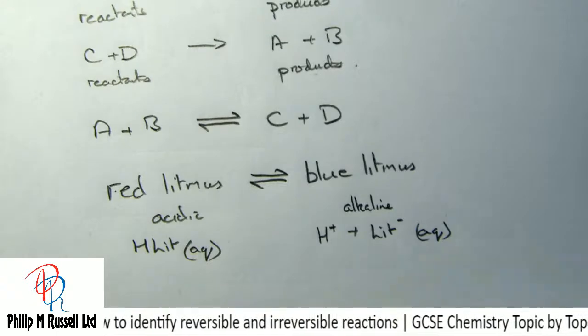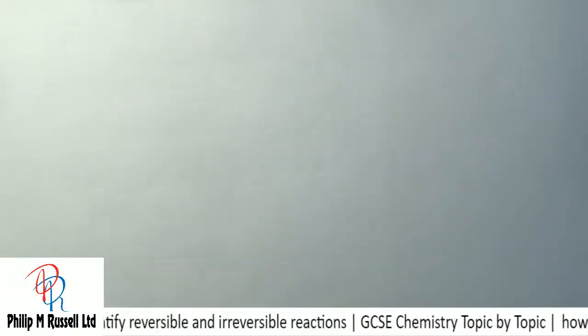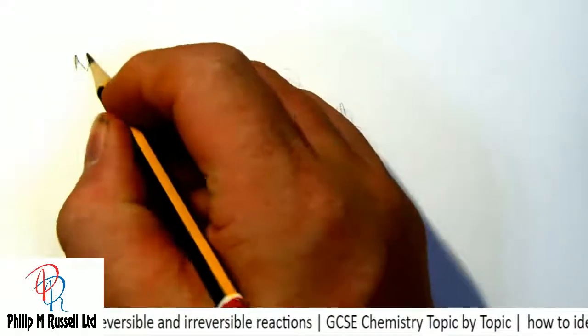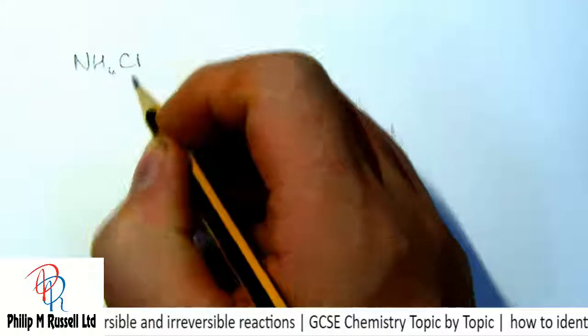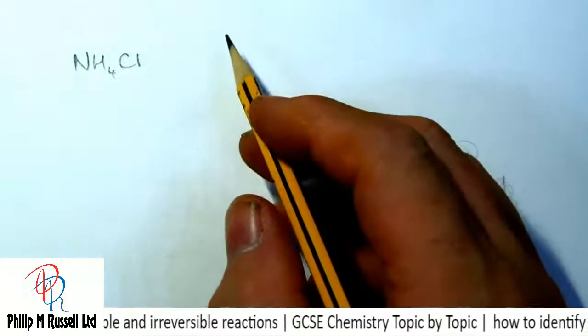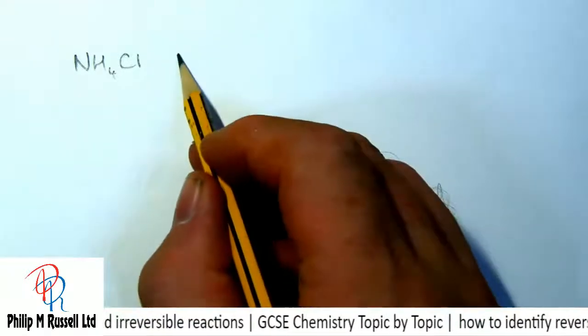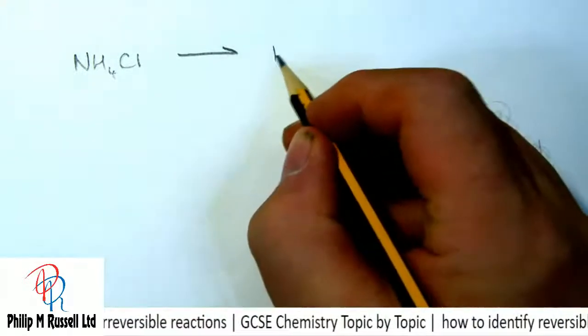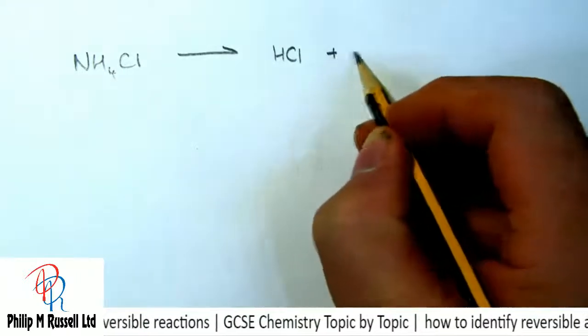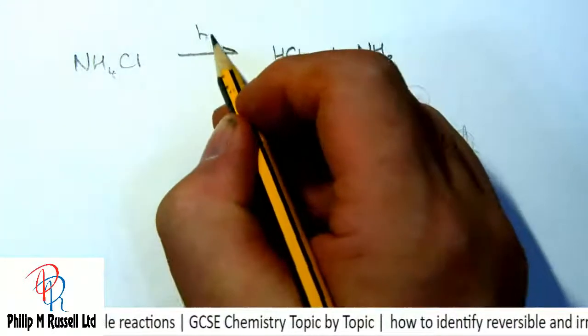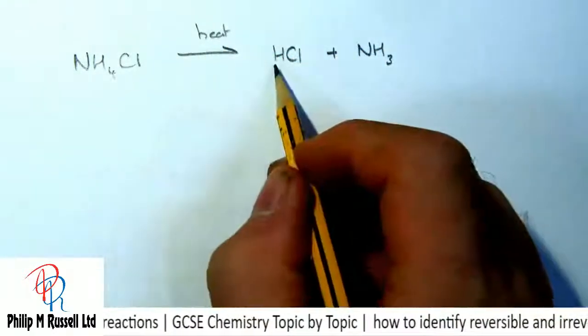Let's look at another substance though, an experiment that you might try in school. This is an experiment where we use something like ammonium chloride, and what we're going to do with this is turn it into hydrochloric acid plus ammonia, and if I add heat, that's what it's going to do.